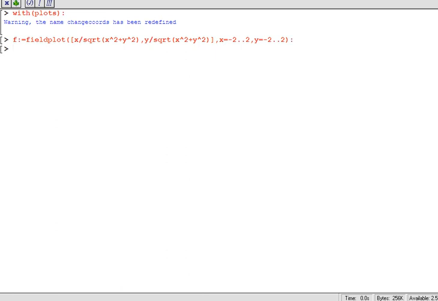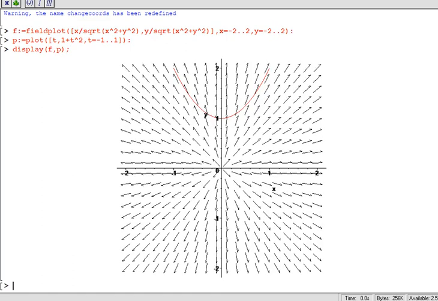Then I'm going to let the curve, which we said was t, 1 plus t squared, from negative 1 to 1. Then I'm going to display them together. And you see, I can see the curve is a parabola.